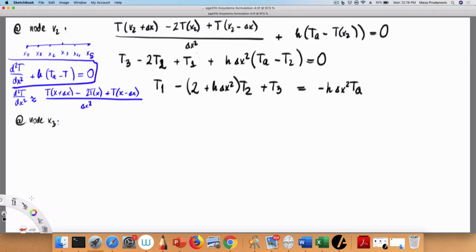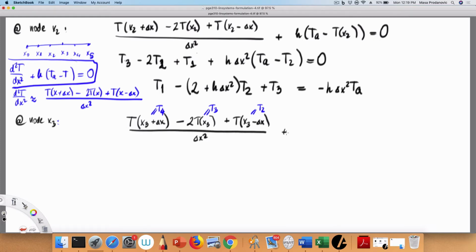It's T of x3 plus delta x, that's T4, minus 2 times T of x3, which is my T3, plus T of x3 minus delta x, and everybody sees that that's T2, divided by delta x squared, plus h times (Ta minus T of x3), and that's my T3.